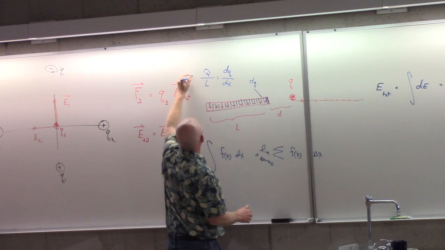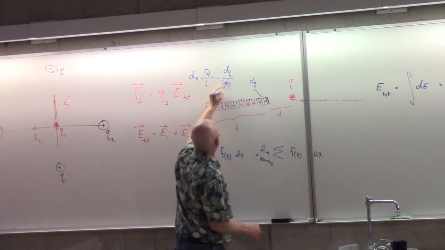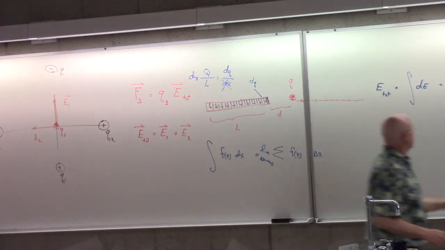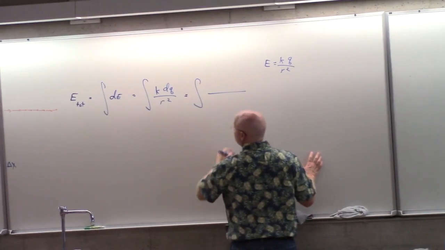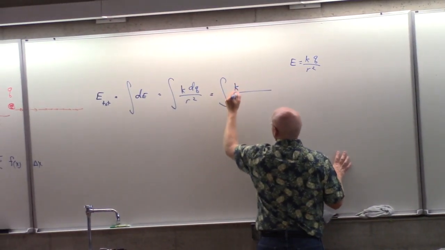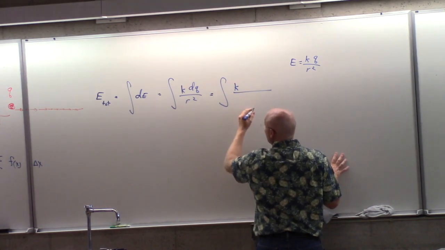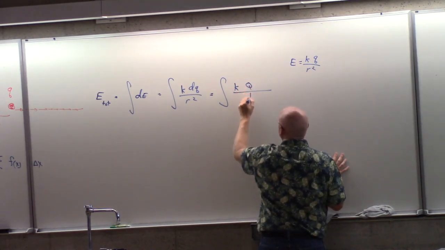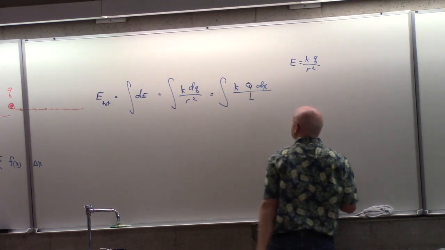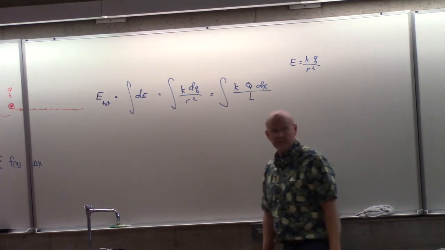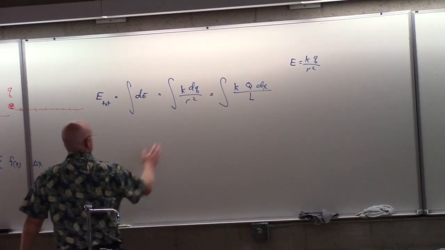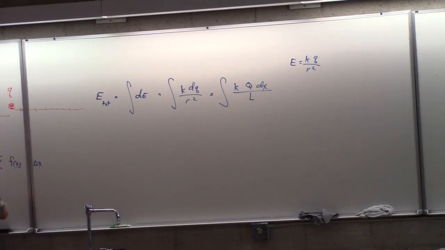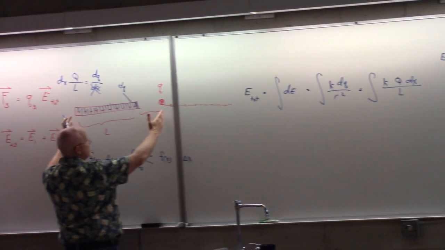And then if you move the dx to the other side, you could replace the dq with q over L dx. You could also then say that the r is actually this distance away.